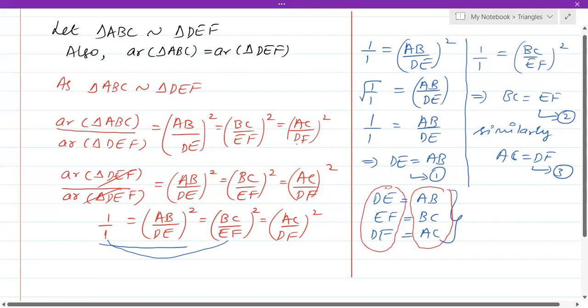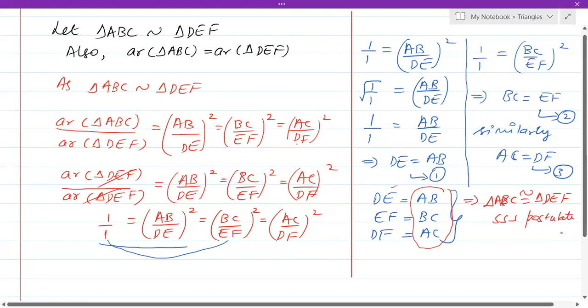DE, EF, and DF are 3 sides of another triangle. Therefore, we have got 3 sides of one triangle equal to 3 sides of another triangle, which implies triangle ABC is congruent to triangle DEF using SSS postulate.